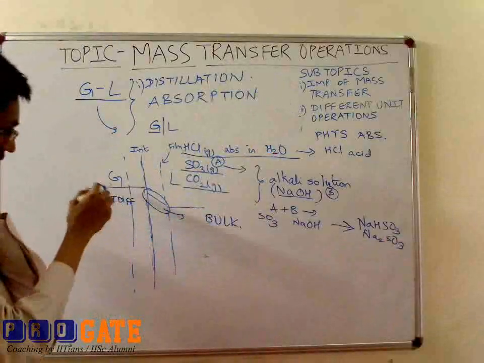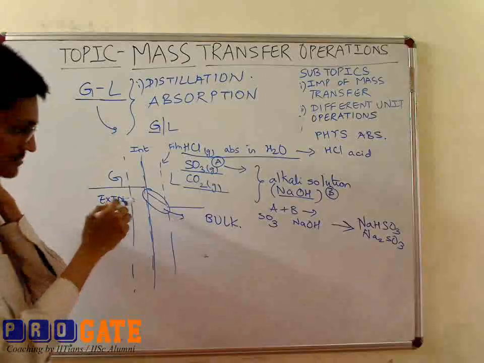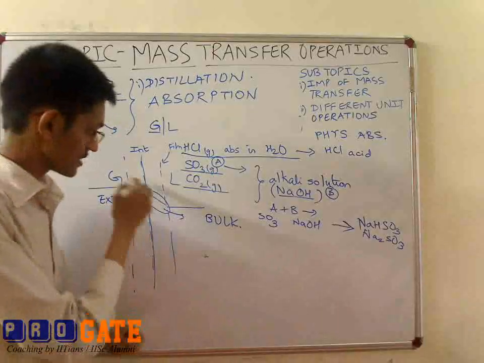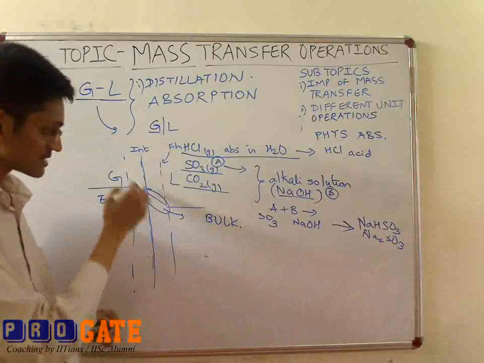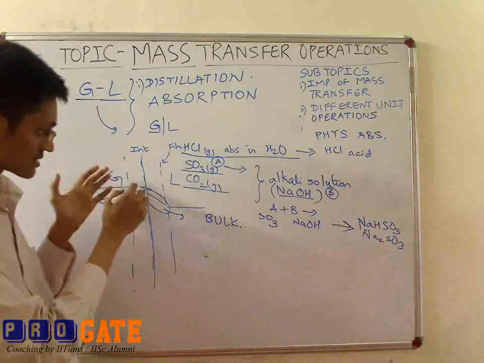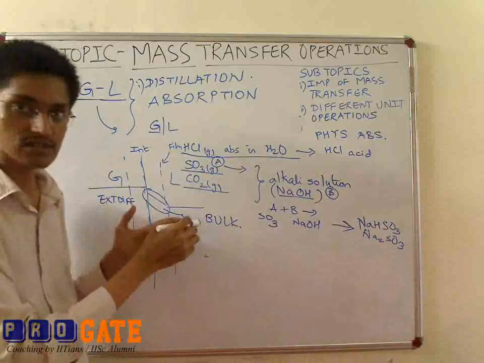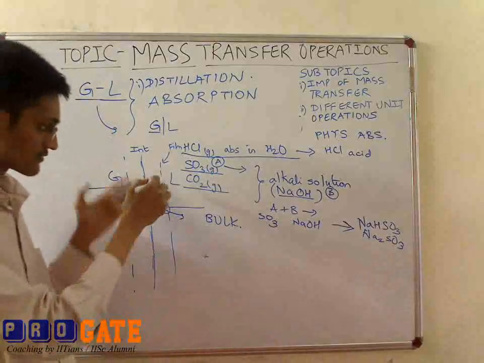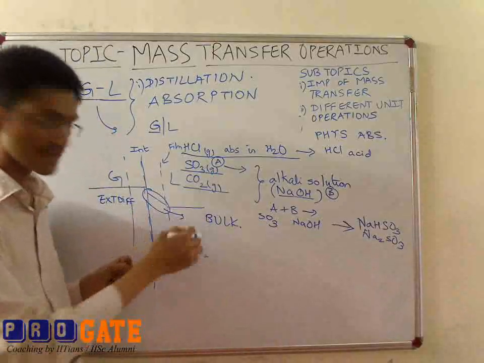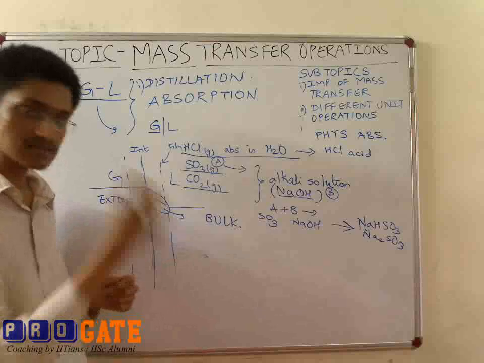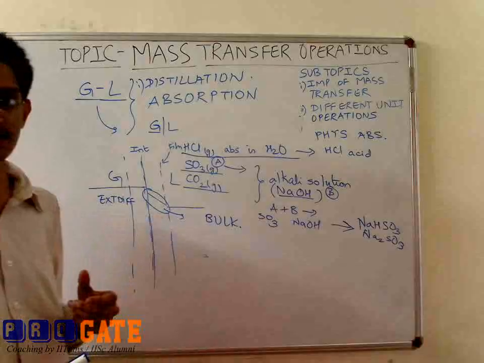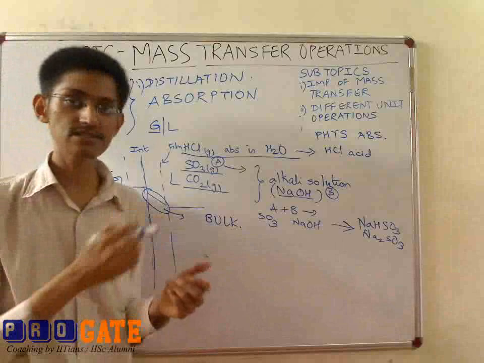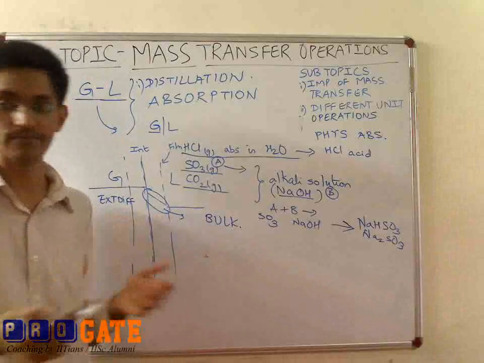So when we have more of the gaseous phase solute and we want to absorb it, physical absorption would just lead to accumulation of the dissolved gas in the liquid phase, whereas chemical absorption would first absorb it and then react. So there would be enhanced absorption because of the chemical reaction which takes place in the bulk or in the film.